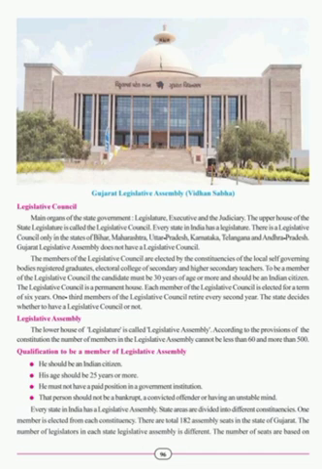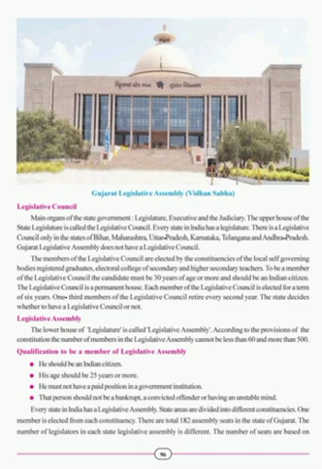The Legislative Council is a permanent house. Each member is elected for a term of 6 years, and every second year, 1/3 members retire. The state decides whether to have a Legislative Council or not. In India, there is a Legislative Council in Bihar, Maharashtra, Uttar Pradesh, Karnataka, Telangana, and Andhra Pradesh. And Gujarat Legislative Assembly does not have a Legislative Council.